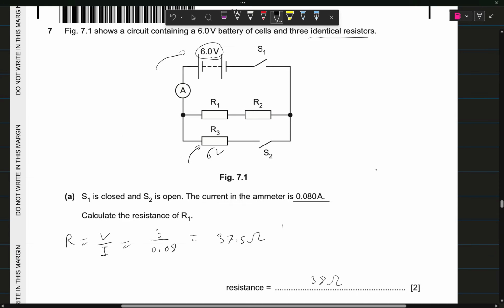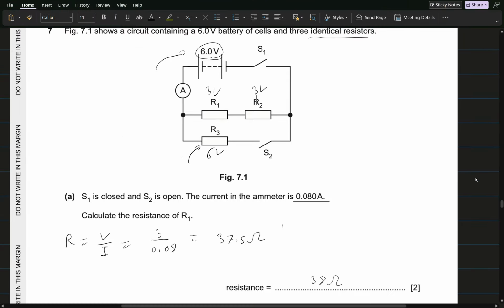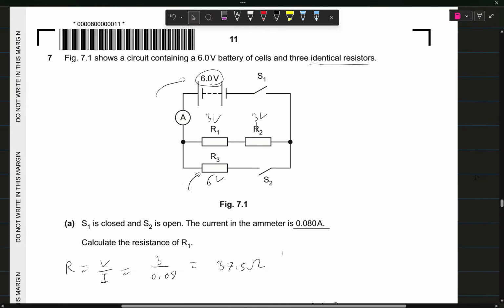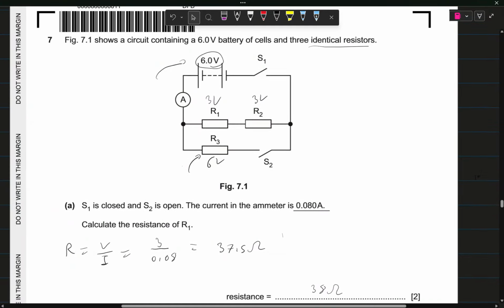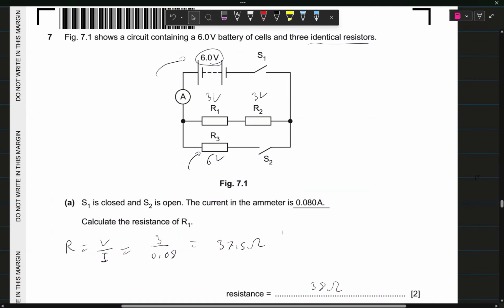Meanwhile, for this first branch, in which we have R1, it has R2 as well in the same branch. So the voltage will be shared between R1 and R2, which means that this one will be 3 volts and this one will be 3 volts. So because here we have a higher voltage, then that means that the heating effect will be higher. Okay? And of course, because the voltage is higher, then that means that there will be more work done to move the charge carriers.